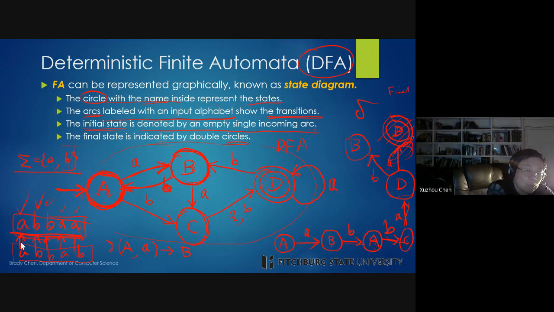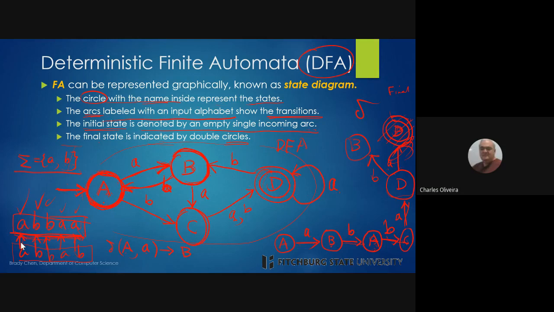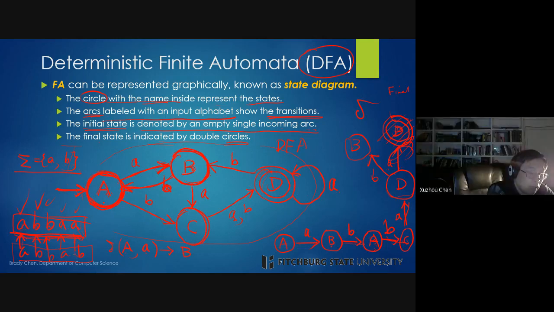Do you think that input will be accepted or not? No, because we run out of the input, but we end up at B, and B is not the accepting state. So that string will not be accepted by this finite automata.